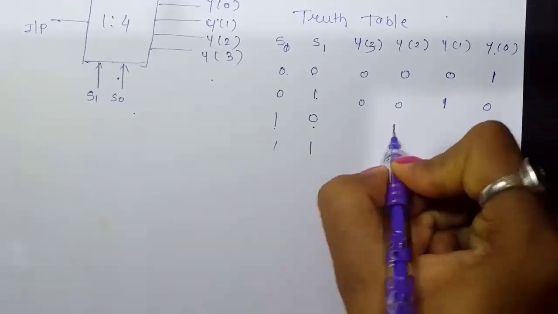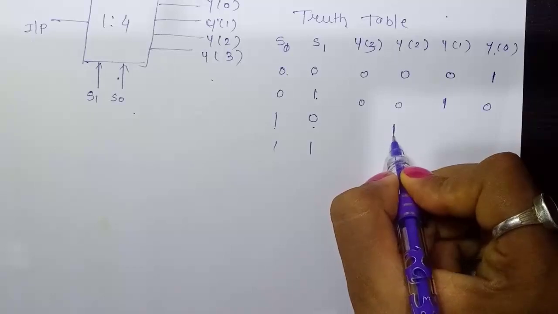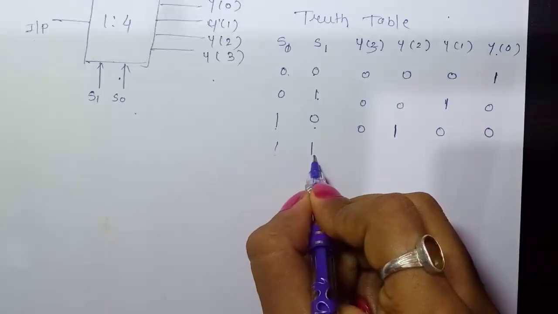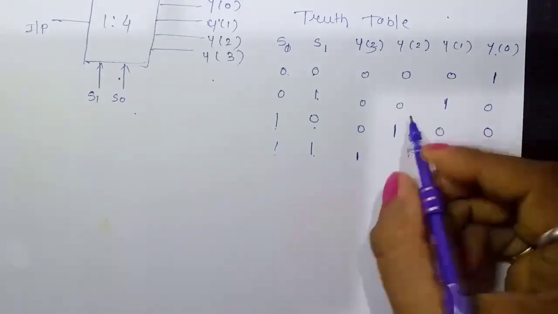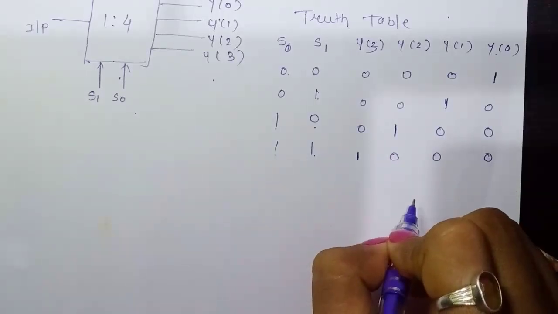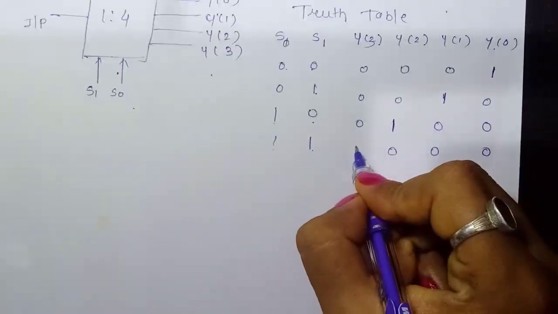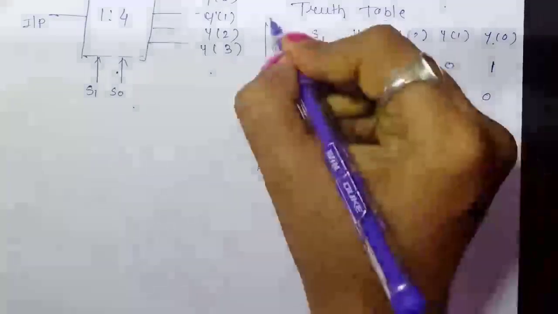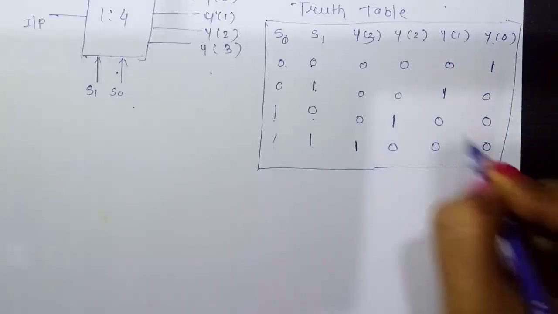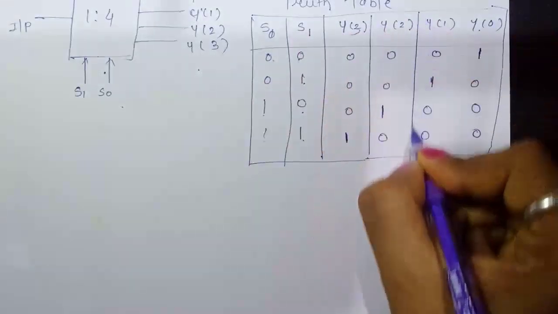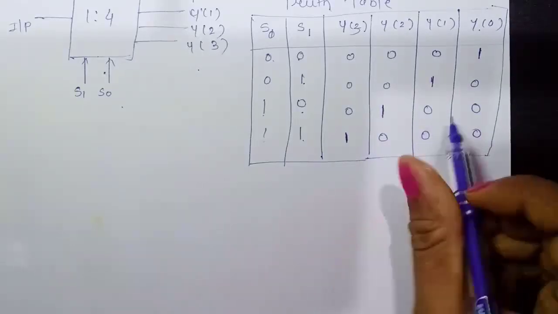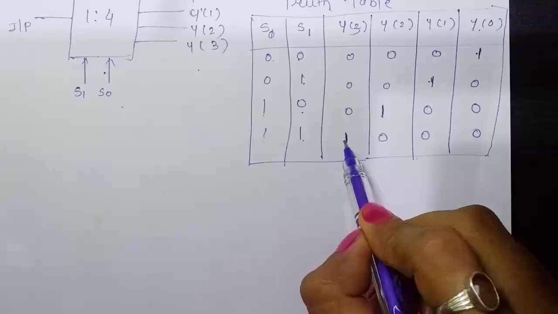So Y2 is high or active now, and all others are 0. If the selection line is 1 1, then which output line is activated? Y3 will be activated and all others are 0. So this is the truth table for the 1 is to 4 demultiplexer. There are 2 selection lines, that's why 4 combinations, and from these 4 outputs only one output will be selected at a time, and the selected output is written as high or 1.